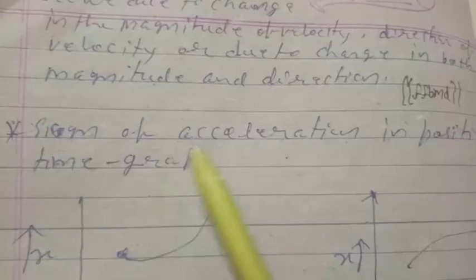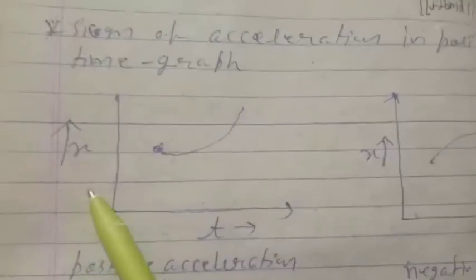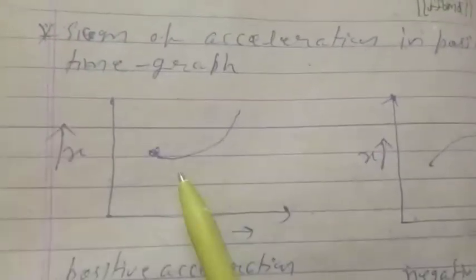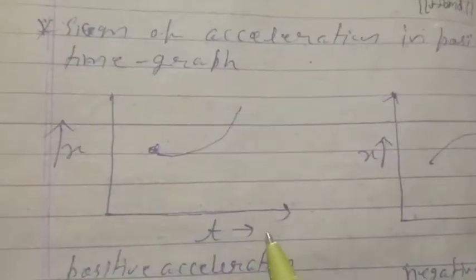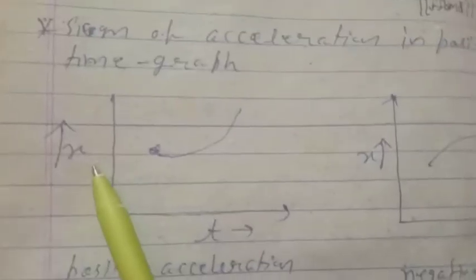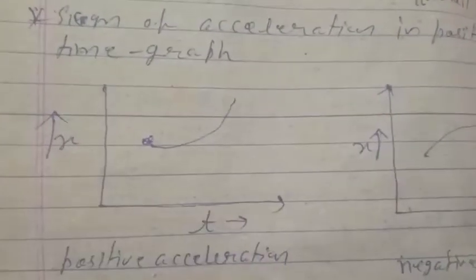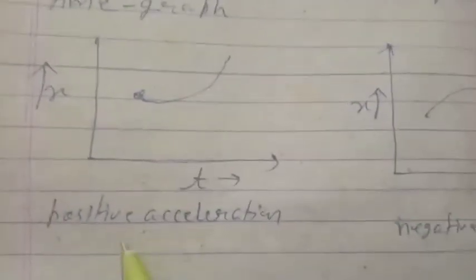The next point is the sign of acceleration in the position time graph. If the graph is like this, with position on this axis and time on this axis, then the acceleration will be positive. This represents positive acceleration.